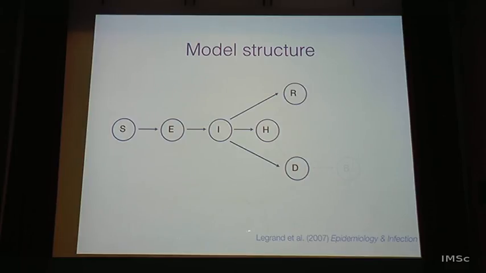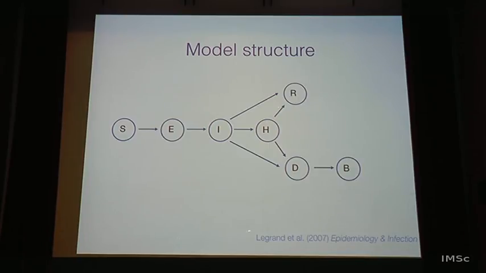At the hospital, they have two possibilities: either they recover or they die. But when they die it is not finished, because I told you that funeral transmission happens, so we're going to consider these people until they are buried. When they are buried, we can safely ignore them.